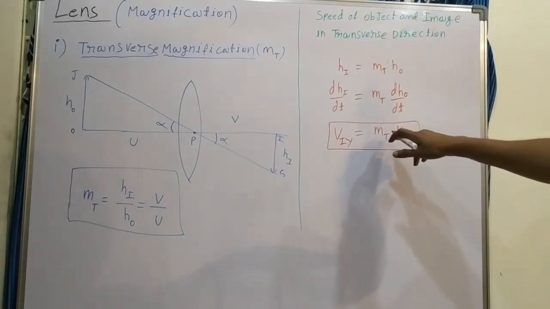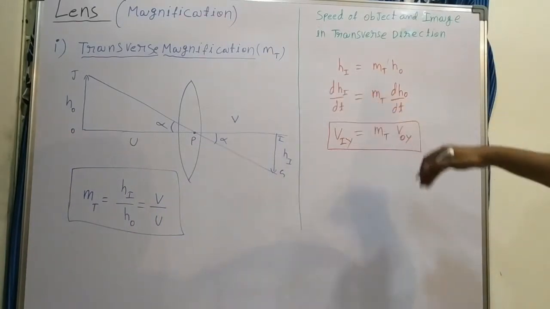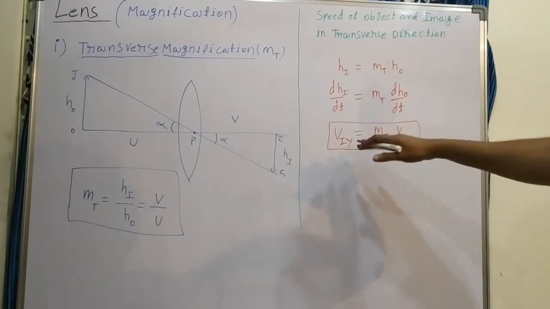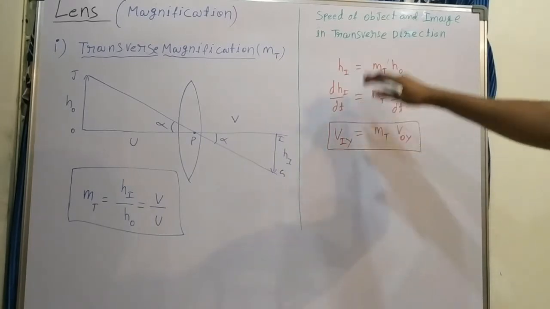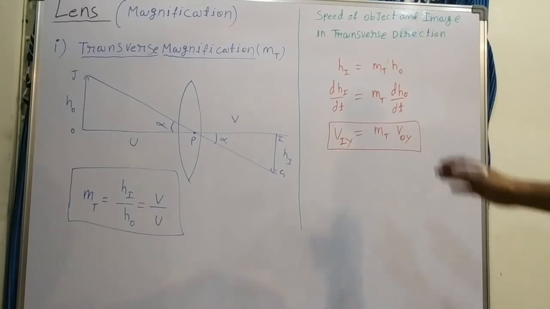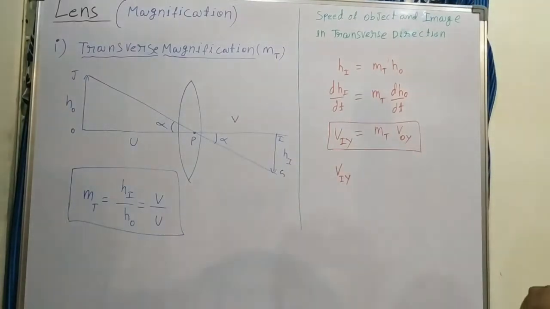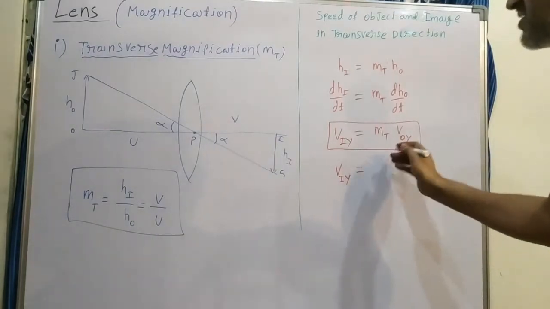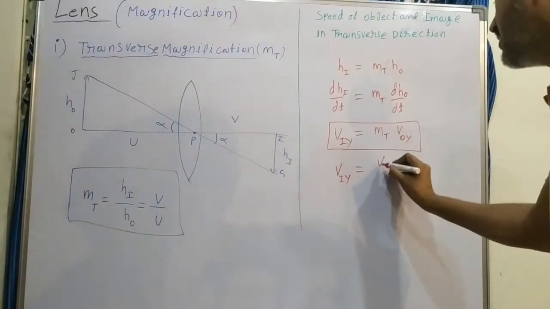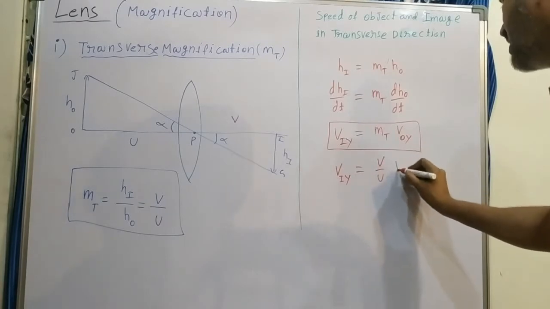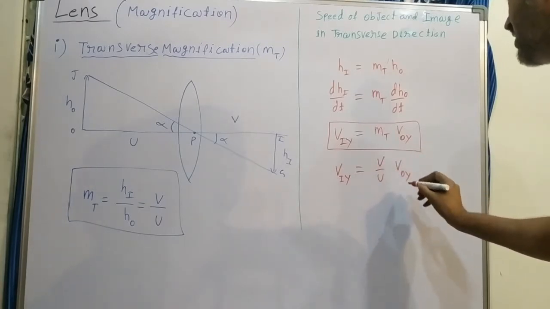If mt is negative, the object going up means the image moves down. If mt is positive and the object goes up, the image also moves up. The other equation: velocity of the image in y direction is equal to, in place of mt, v by u into velocity of the object in y direction.